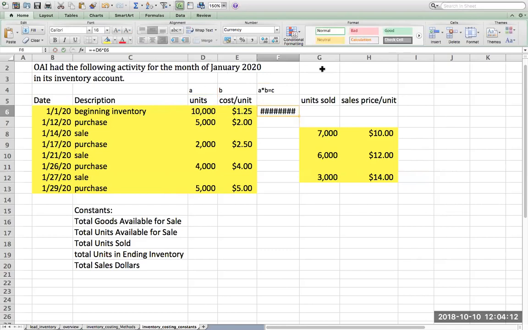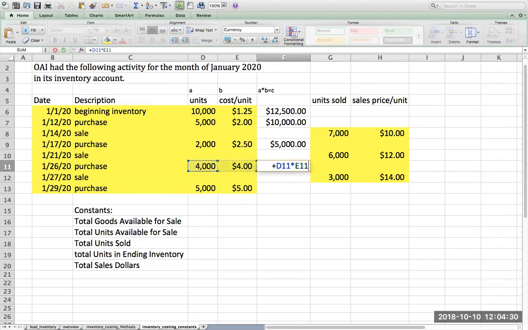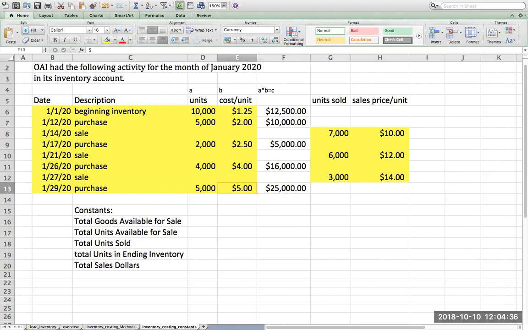Then I'm going to take 5,000 times $2 per unit. Then 2,000 times $2.50. Then 4,000 times $4. Then 5,000 times $5 cost per unit.